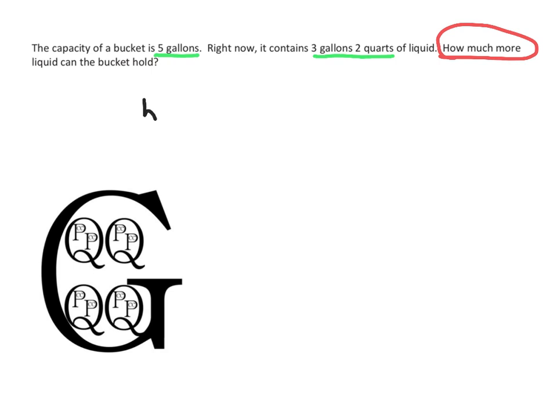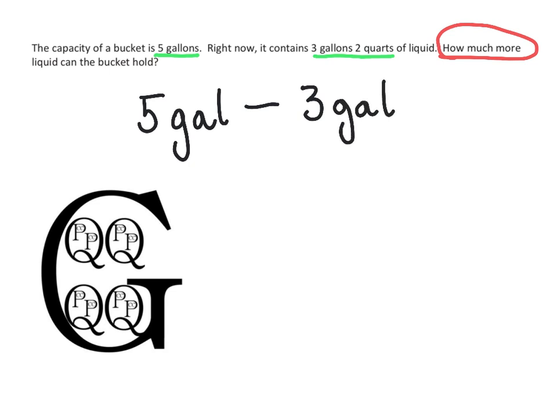So let's put 5 gallons, take away 3 gallons and 2 quarts. When we see this, we know that we really can't subtract 2 quarts from 0 quarts. You can't have a bigger number on the bottom.